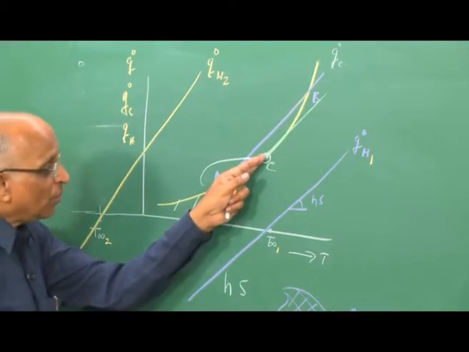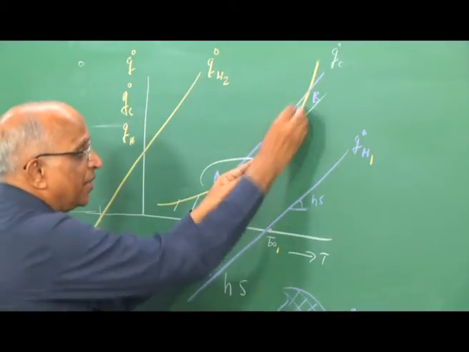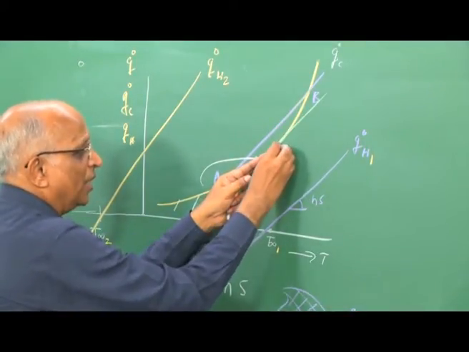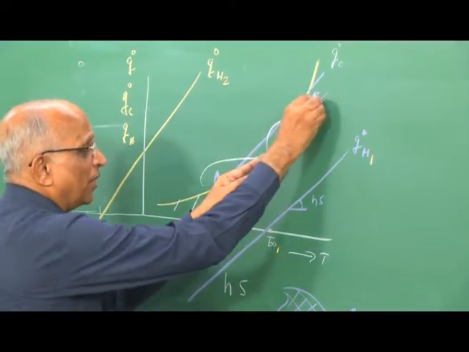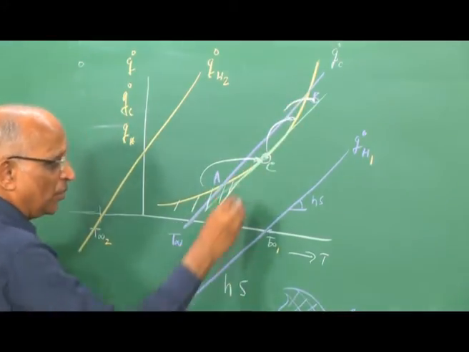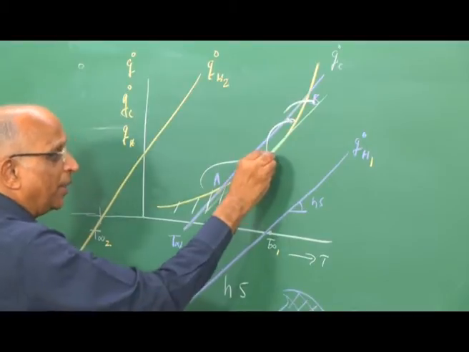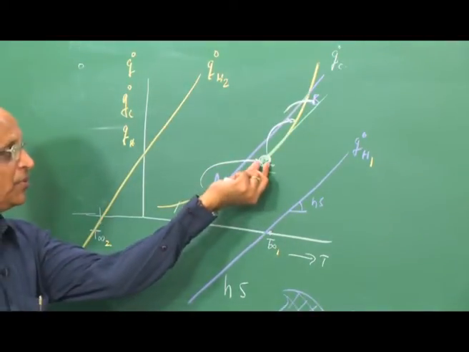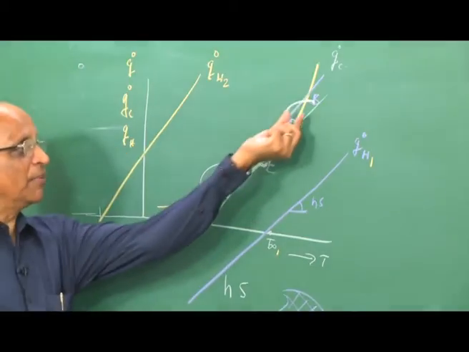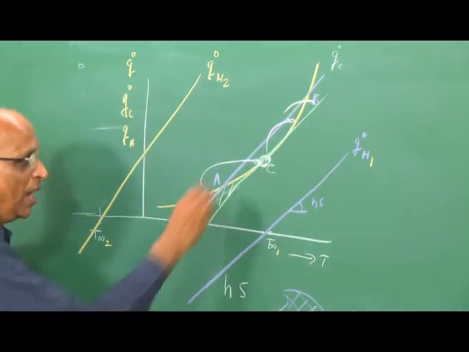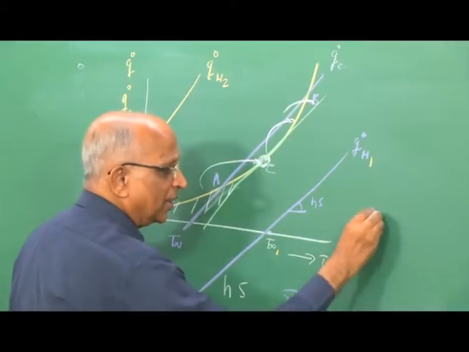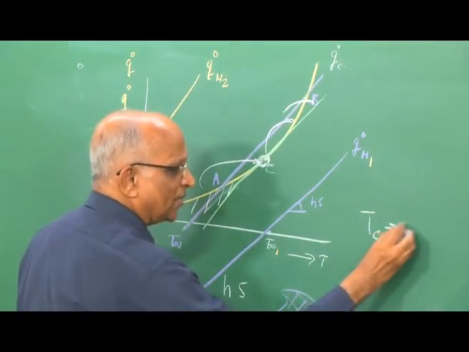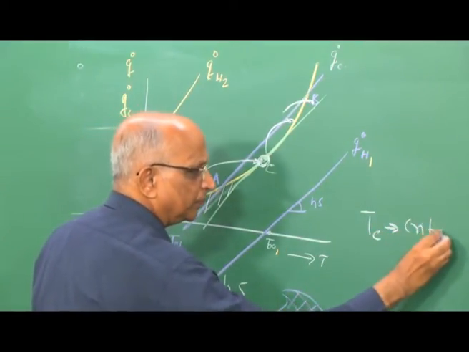But to the right of this particular point, the heat generation is always greater than the heat loss, and therefore the point shifts over here, temperature increases and you have an explosion. That means this particular point is something like an unstable point, but it is the minimum temperature at which maybe some ignition is possible, and this particular point C, that is Tc, is known as the critical temperature.